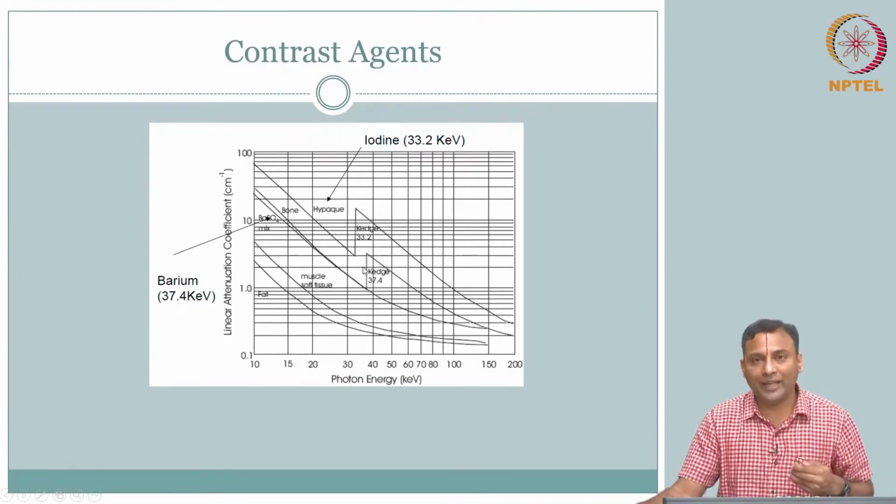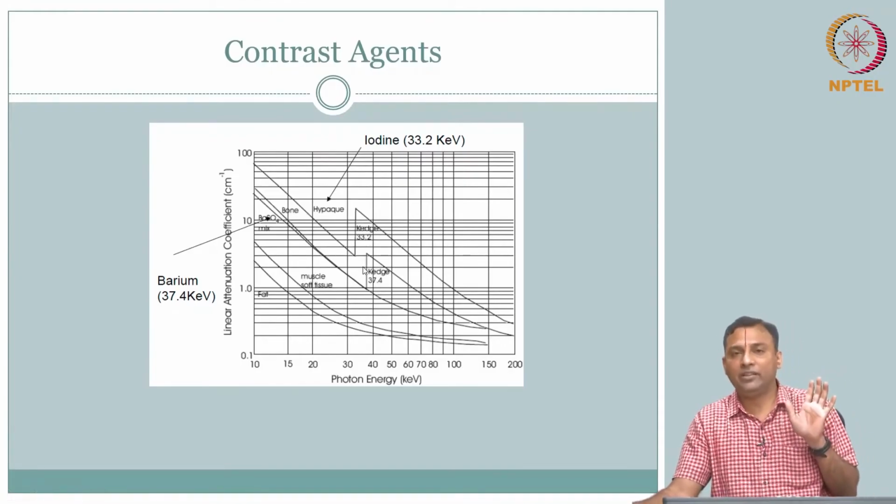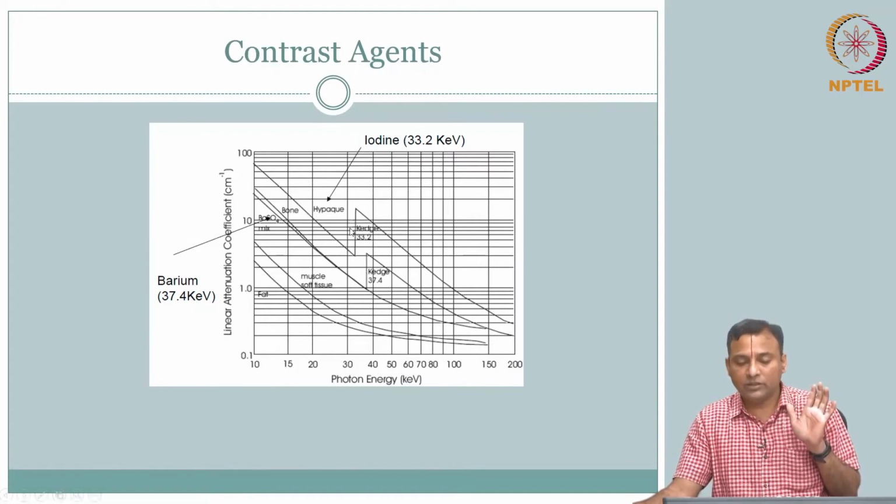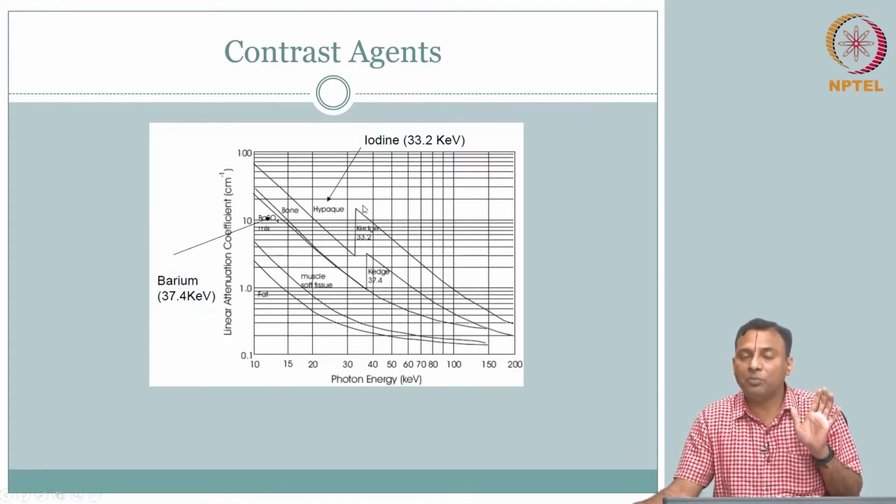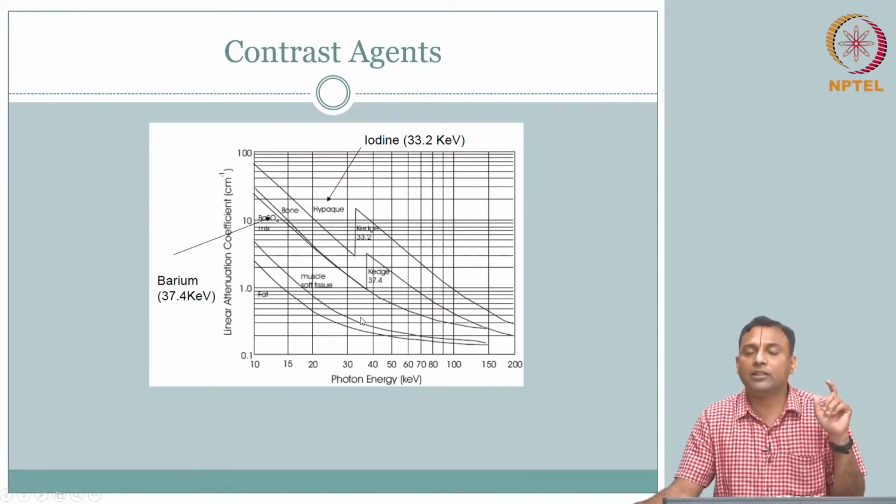In other words, you can increase the contrast in the image, because spatially, wherever this material is, the attenuation is going to be way higher compared to where the soft tissue is. So you can easily tease out where this compound is in the path.